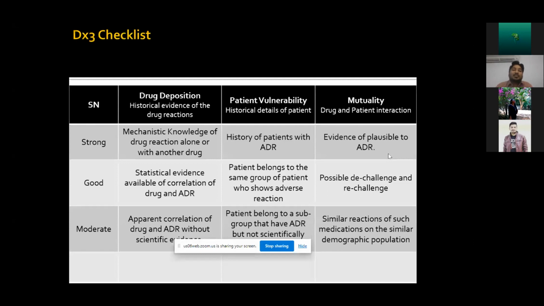But this scale will keep the patient in the center and will check what happened to this patient, why it happened to this patient. So this is a very idealistic approach again. Being a patient centric scale, this will yield better results than scales like Naranjo and UMC and other scales. Since it's a patient centric scale, it requires more information.